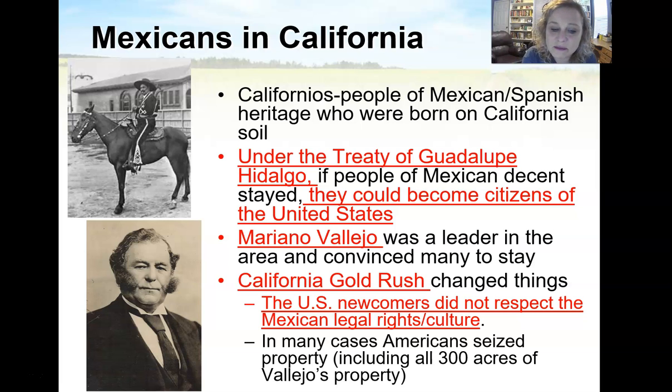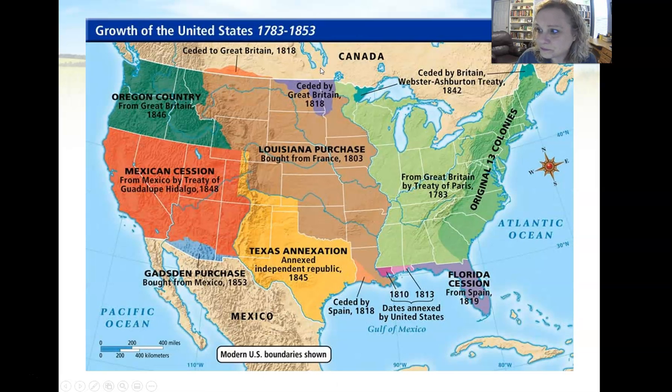One man in particular, Mariano Vallejo, a former governor of California under Mexico, encouraged people to stay. But after the gold rush, things changed. The U.S. started to pass laws that frequently helped white people and eventually pushed even the Mexicans out. In Vallejo's case, Americans took his land, 300 acres of his own property. So things don't turn out very well for people in Mexico either.